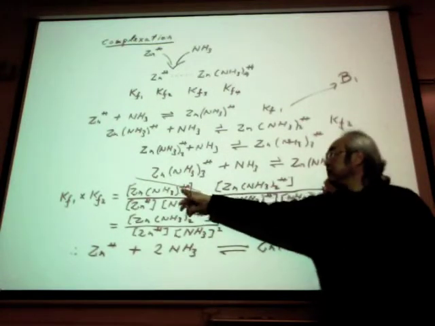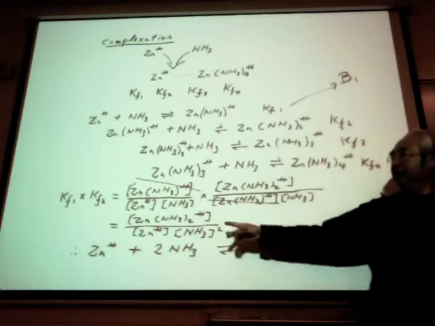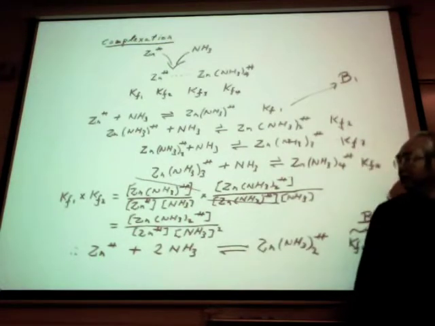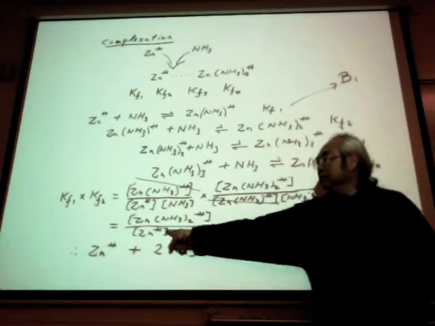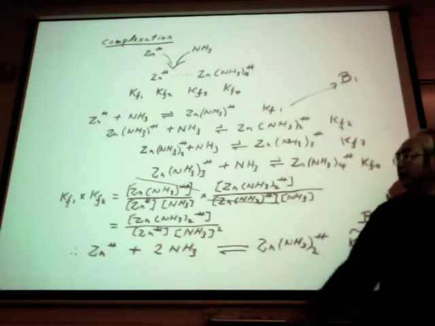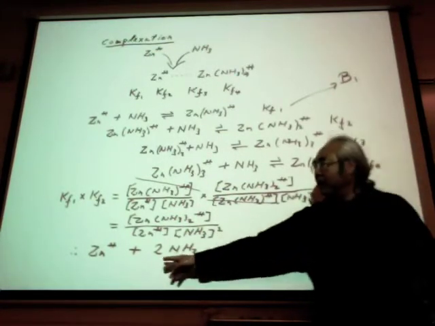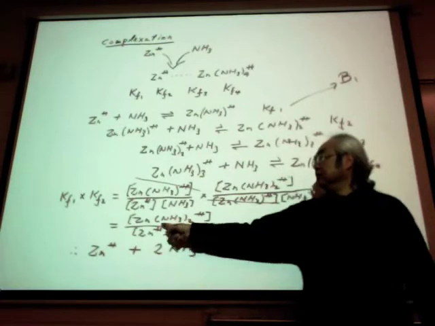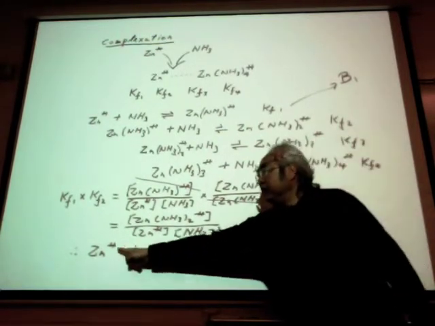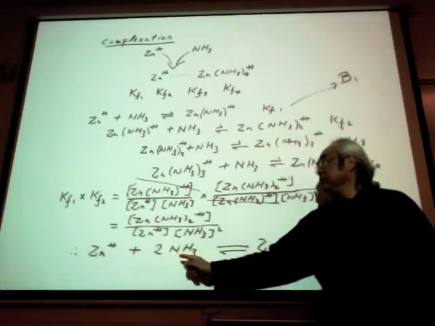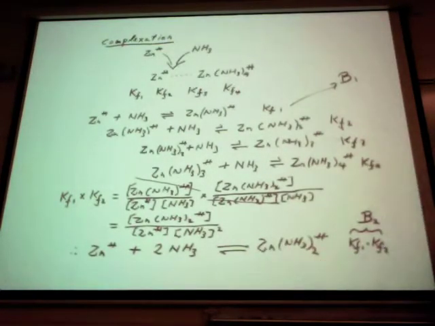So you can cancel the intermediates, right? Cancel it, then you end up with this over that. So this expression can translate into this, a product over reactants. So reactants is this to form that.